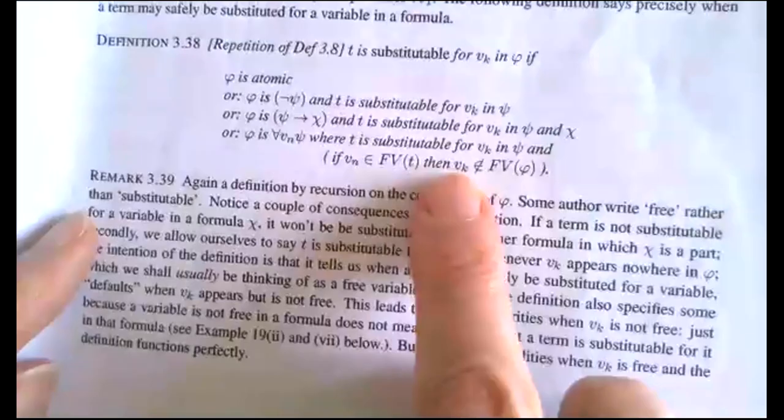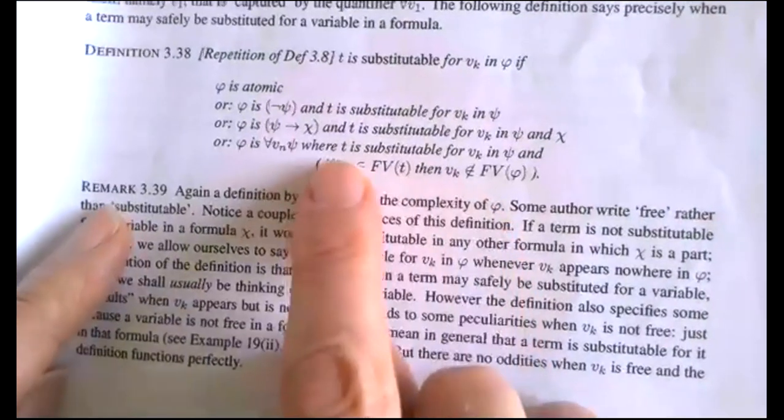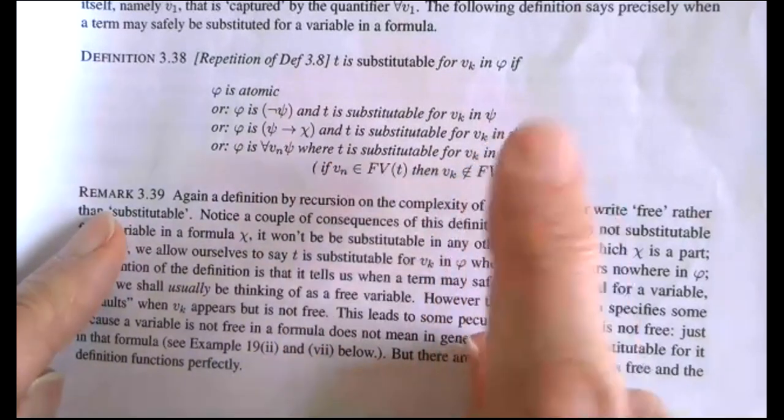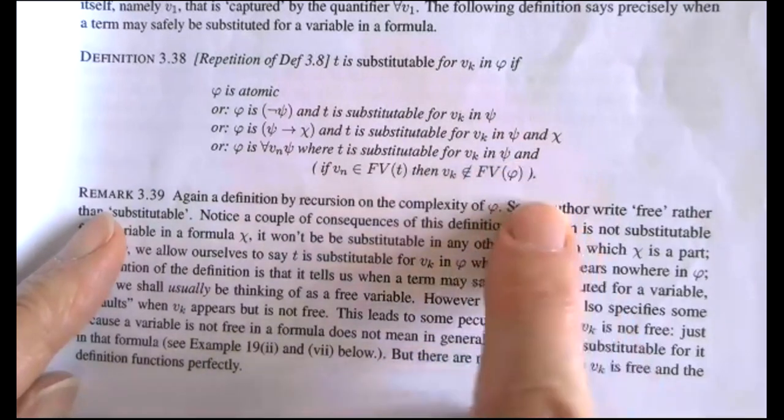Okay, so the default clause that's down here is saying I've got my function, it will be substitutable for v1 in the formula.